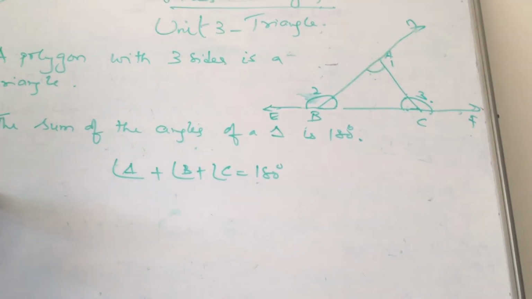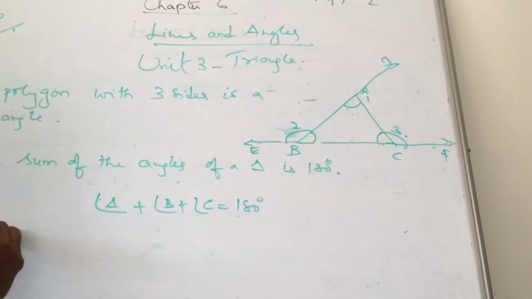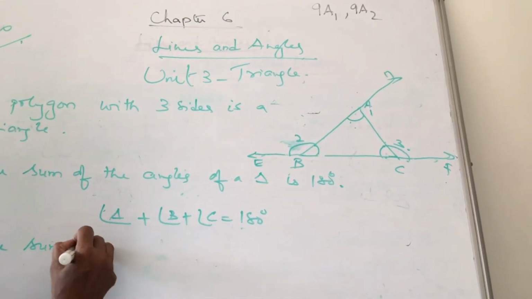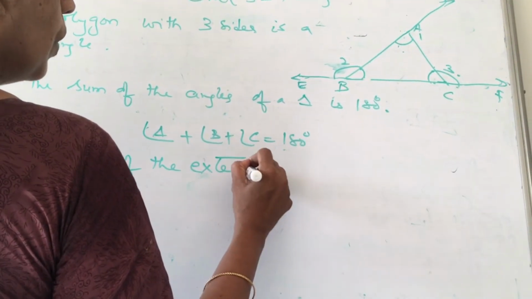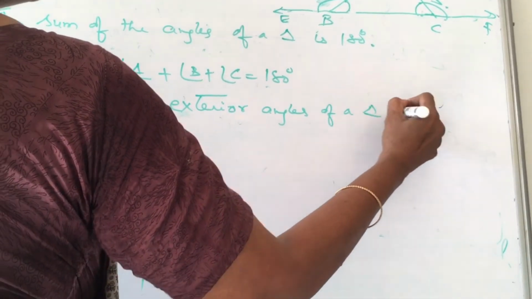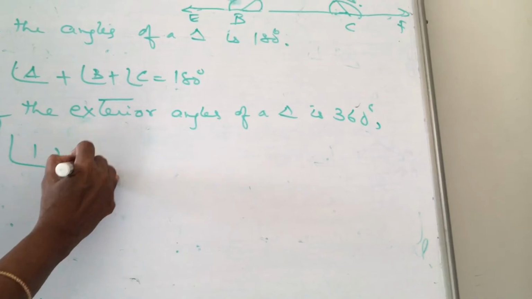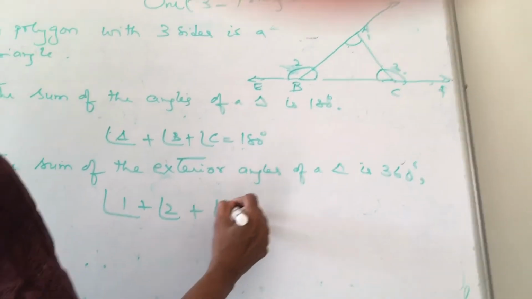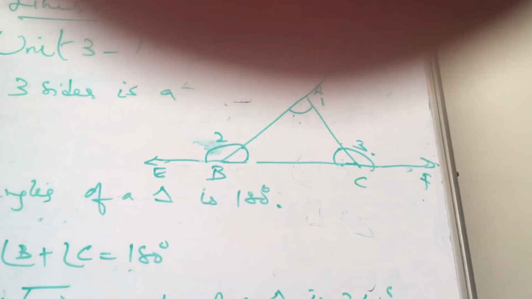What are 1, 2 and 3? They are exterior angles. The sum of the exterior angles of a triangle is 360 degrees. Angle 1 plus angle 2 plus angle 3 is 360 degrees.